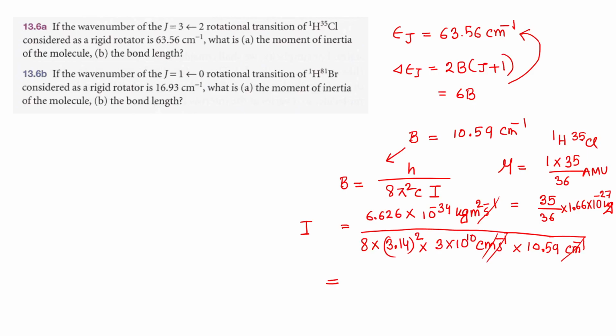So let me calculate this. 6.626 into 10 to the power minus 34 divided by 8 divided by 3.14 square divided by 3 divided by 10 to the power 10 divided by 10.59.